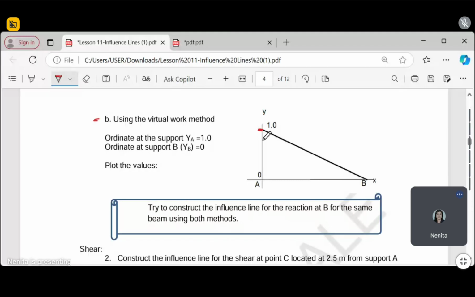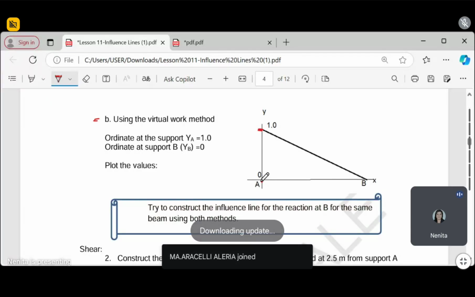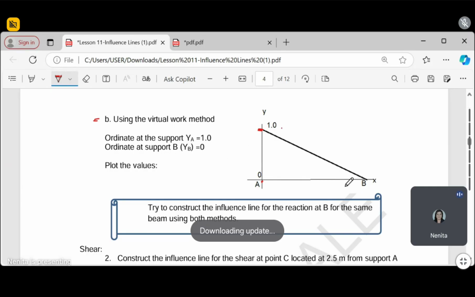So for IL, influence line, let's say IL for reaction at A, obviously its ordinate is 1, and on the other side it is 0. But for IL for reaction at B, the ordinate at B will be 1 and at A it is 0. That is all you need to memorize for the virtual work method.